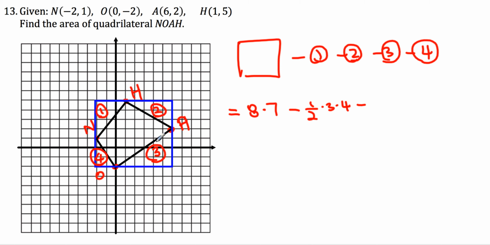And then second triangle, here's 3 by 5. Number 3 here is what? 4 by 6.